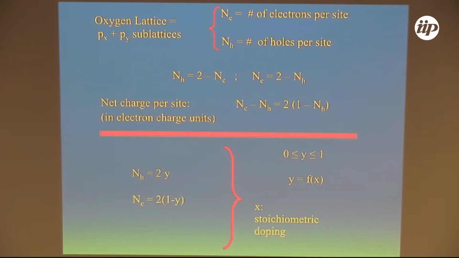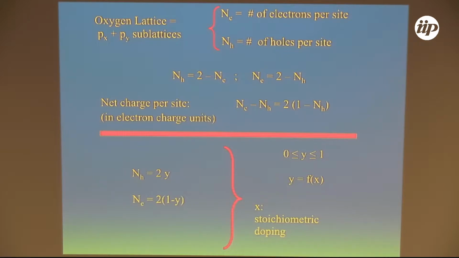So if we consider the oxygen lattice, which has these two px and py sublattices, let's call the number of electrons and the number of holes. The number of electrons is 2, because the parent compounds are fully filled.